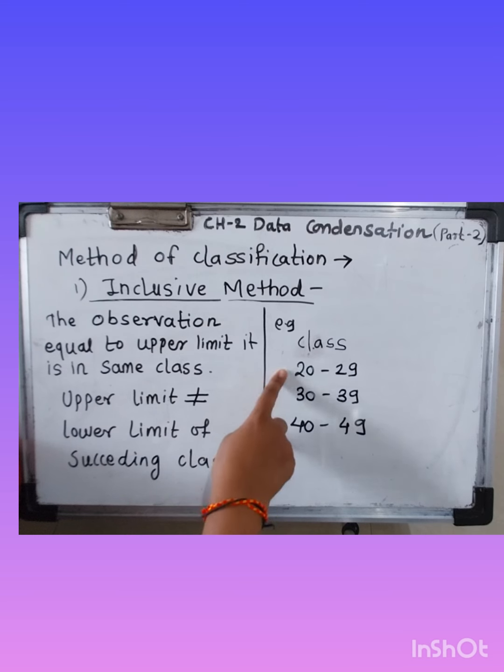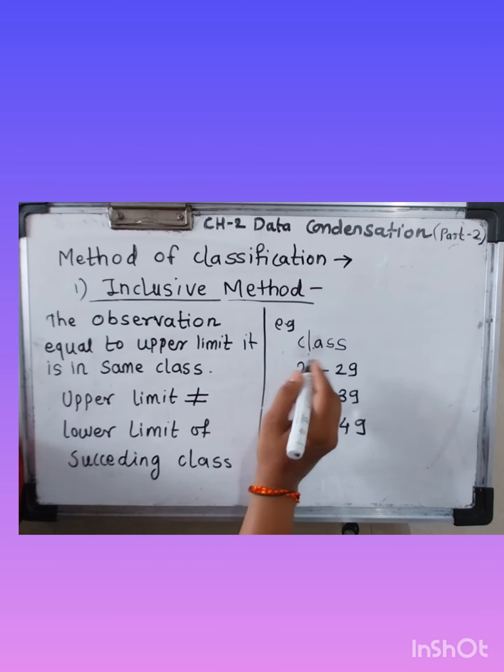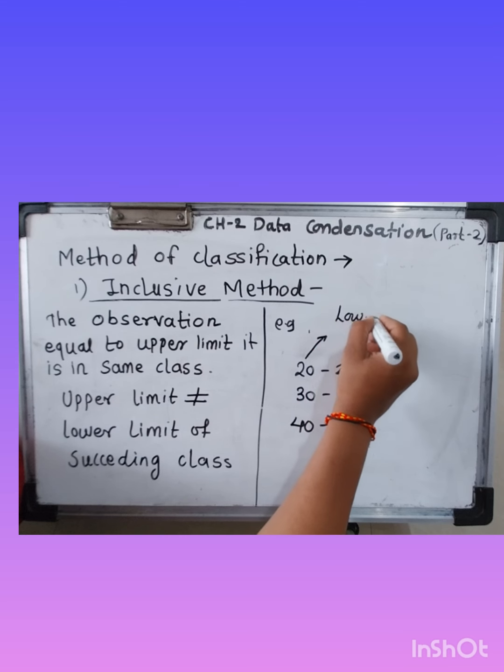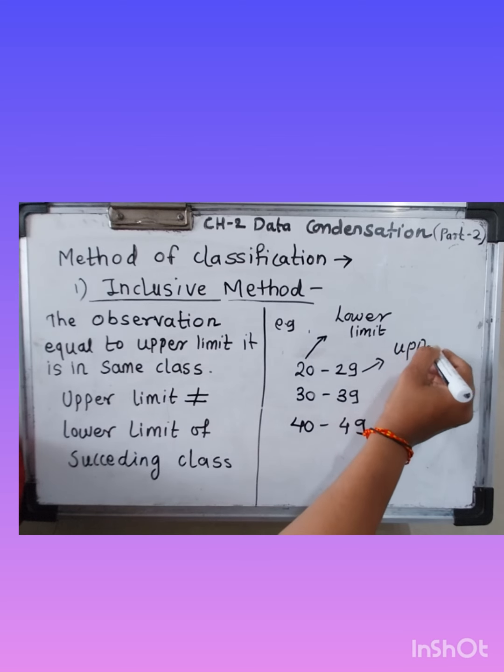What it means? For example, these are the classes 20 to 29, 30 to 39, 40 to 49. See, 20 is my lower limit, and 29 is the upper limit. It is very simple.